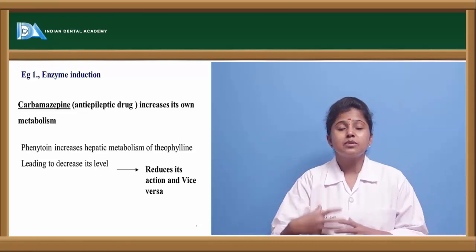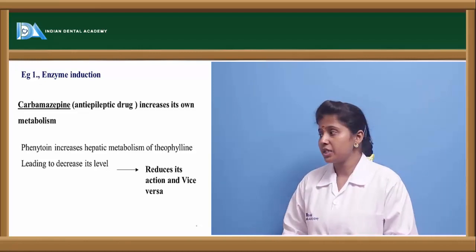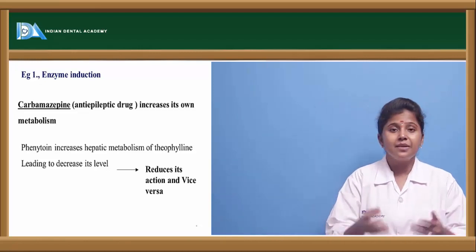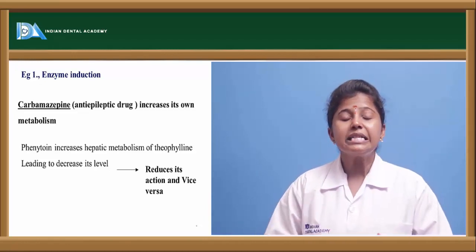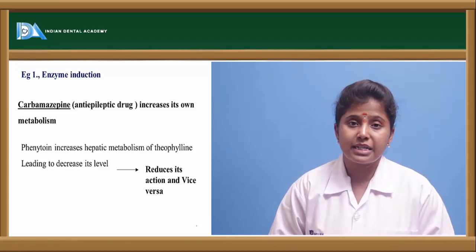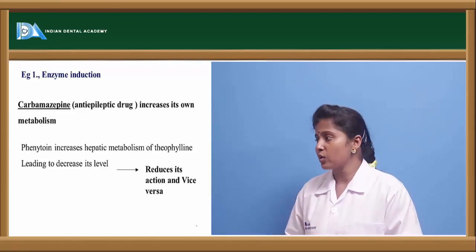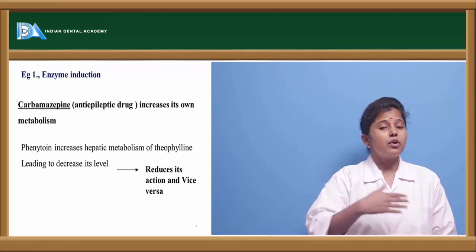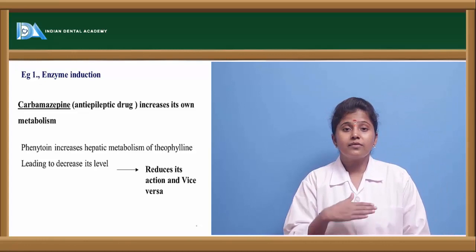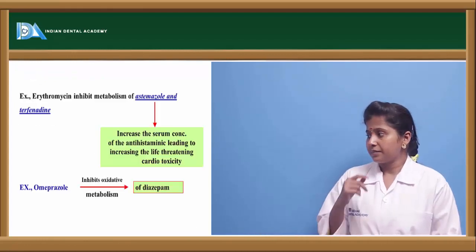If enzyme induction or enzyme activation takes place in the liver, carbamazepine, because of its activity, increases or stimulates the liver enzymes. Thereby its own metabolism is increased, so it is altering its own metabolism. And a drug like phenytoin increases the metabolism of theophylline. If the metabolism is increased, then its efficacy will be decreased.